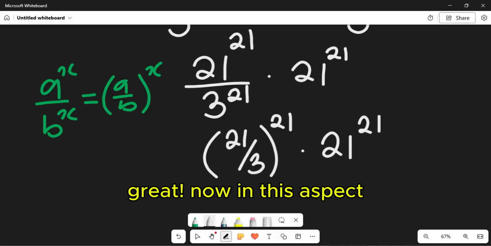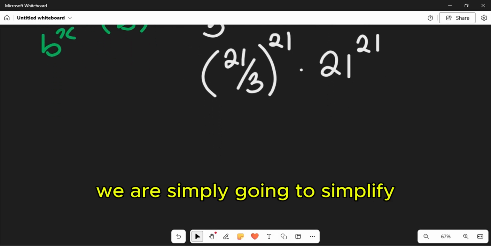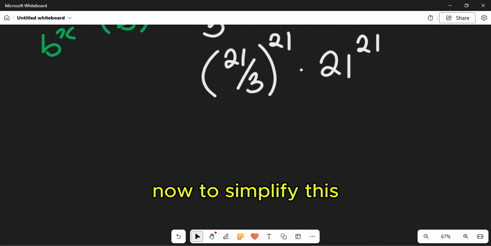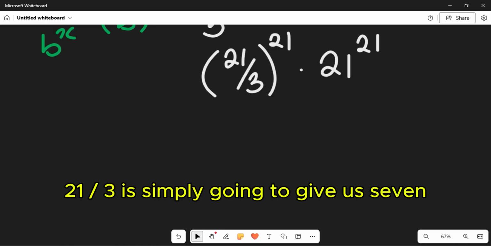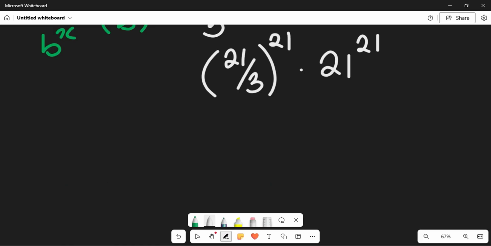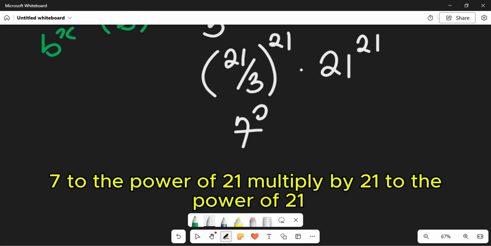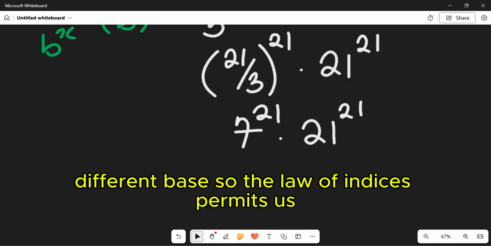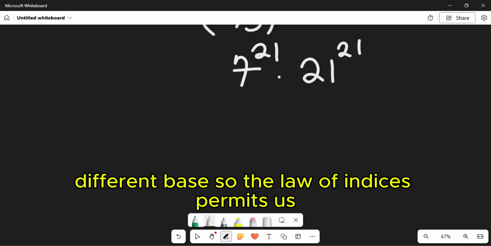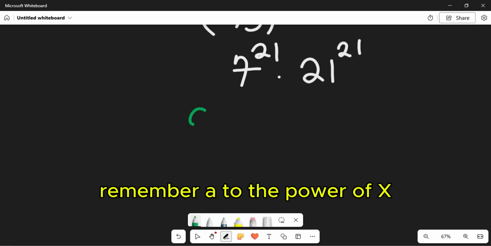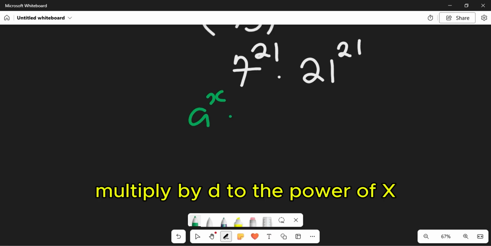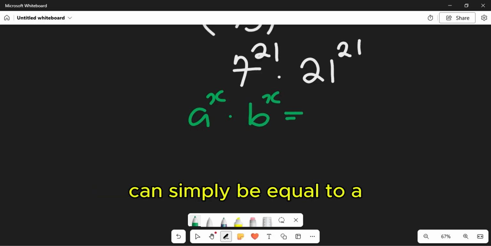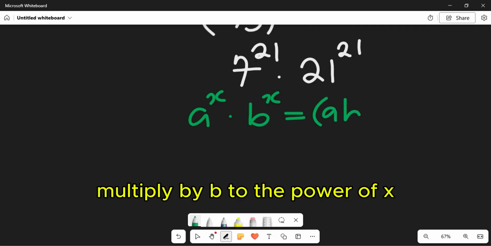Great. Now, in this aspect, we are simply going to simplify. 21 divided by 3 is simply going to give us 7. So 7 to the power of 21 multiplied by 21 to the power of 21. So we have the same power, different base. The law of indices permits us: a to the power of x multiplied by b to the power of x can simply be equal to a multiplied by b, all to the power of x.